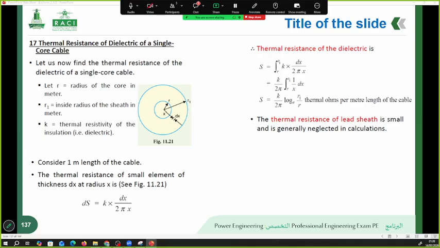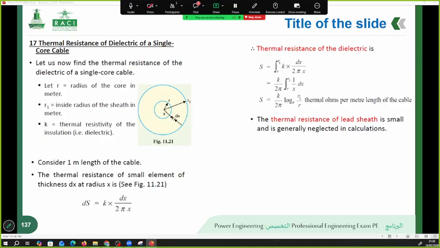To find the total thermal resistance, an infinitesimal element of thickness dx at radius x is considered. The thermal resistance of this element dS is equal to k times dx over 2 pi x.